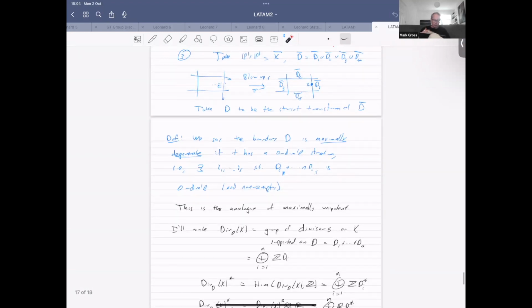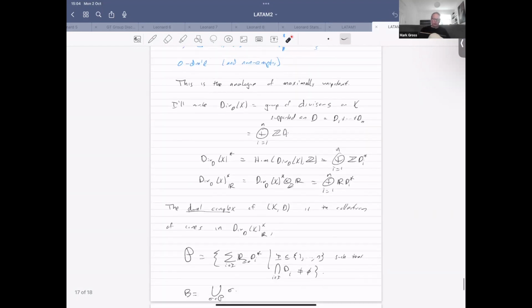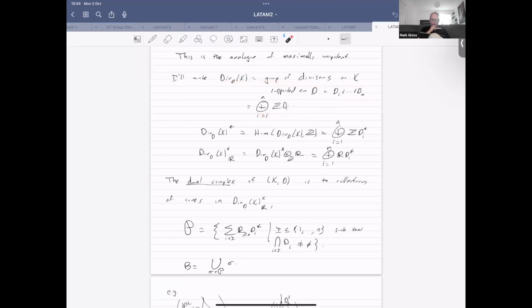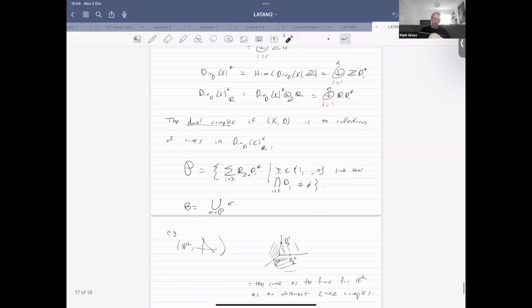Okay, and then I started to introduce some notation. So I had the group of divisors, Div_D(X), the group of divisors supported on D, so linear combinations of the D_i's. We have the dual lattice, so the linear combinations of D_i stars, a vector space generated by the D_i stars. And then I built the so-called dual complex of (X, D) as a cone complex inside this vector space.